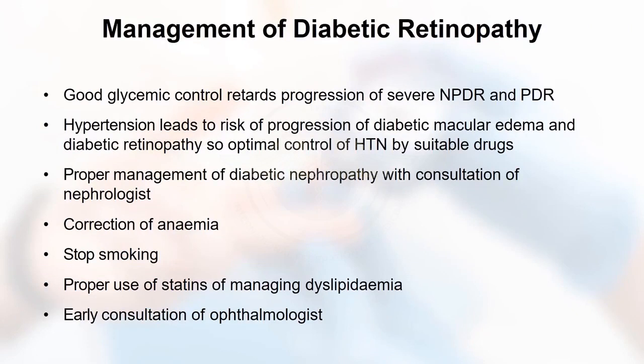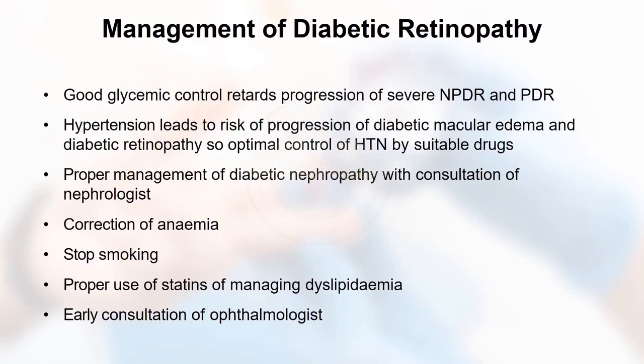Hypertension leads to risk of progression of diabetic macular edema and diabetic retinopathy. Optimal control of hypertension should be there with different types of drugs and regular checkup of blood pressure. Proper management of diabetic nephropathy with regular consultation of a nephrologist is needed so that the nephropathy regresses, otherwise retinopathy will progress.